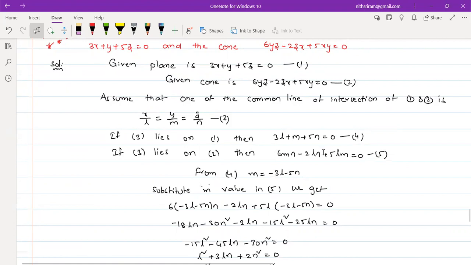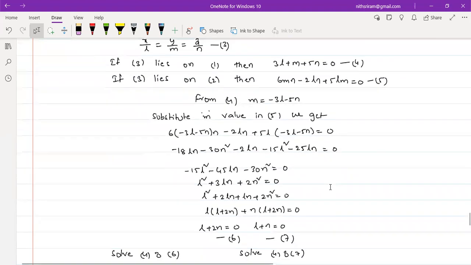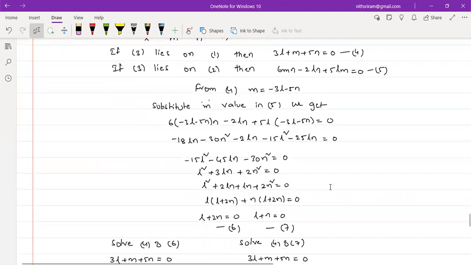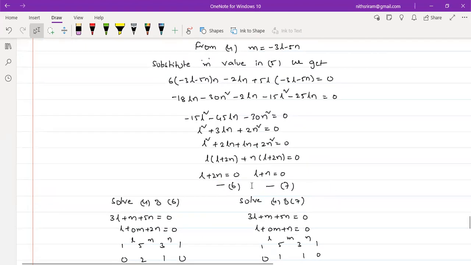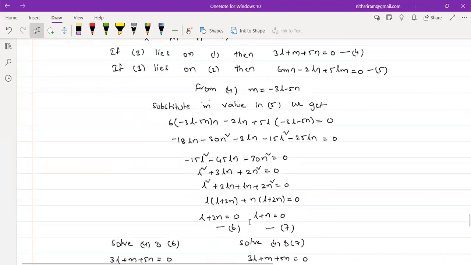After getting those two equations, we have to eliminate any one of the values, either L, M, or N. Here I have eliminated M, and this M value can be substituted in equation 5. Then we get a quadratic equation, and we have to solve the quadratic equation so that we get two equations once again. So after getting these two equations, once again we have to solve equations 4 and 6, and 4 and 7. This is what we have done in problem 1.